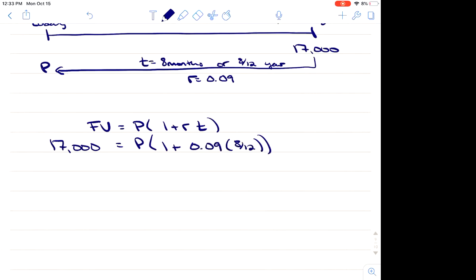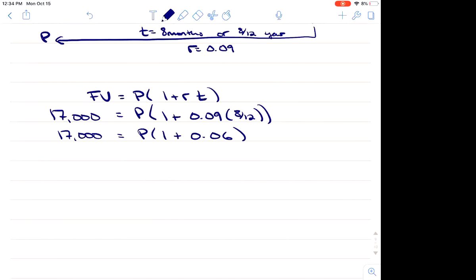Okay. So I have 8 divided by 12 is 0.66 repeating. P times 1 plus, and I'm just going to multiply it by 0.09 right away to get 0.06. Plus 1. So I have 17,000 is P times 1.06.